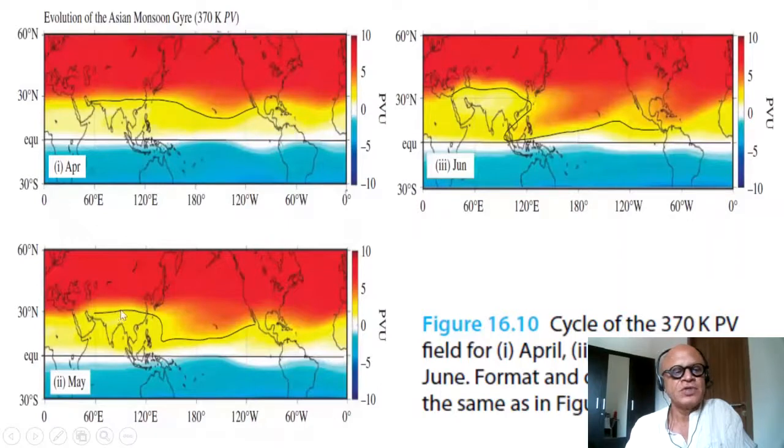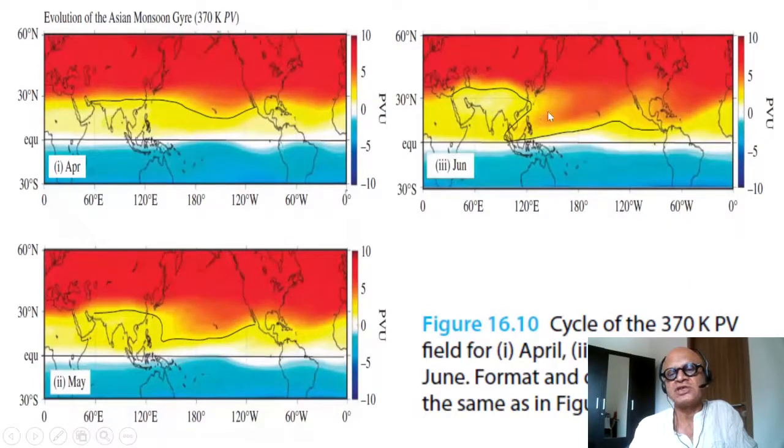By May, you begin to have the land-ocean contrast. You don't have the absolute vorticity lines crossing here, but you see some wavy patterns on this side in the Pacific and Atlantic side. And you see the strong invasion of the PV from the subtropics into the tropics, beginning to create this PV minimum associated with the Asian monsoon gyre, which becomes much more clear in June.